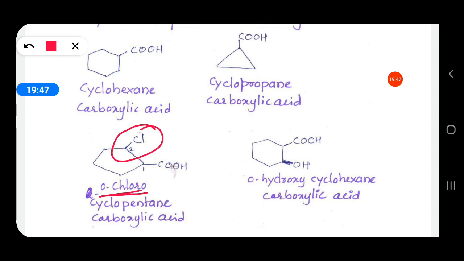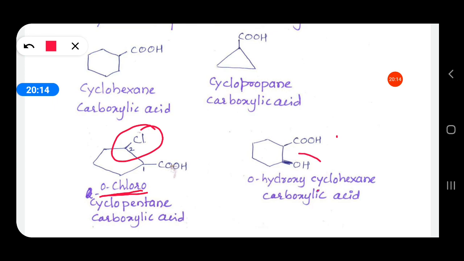So it is orthochlorocyclopentane because all the 5 carbons are joined together to form a ring. So it is cyclopentane carboxylic acid. Here another example, 6 carbons. So it is cyclohexane. It contains carboxylic acid, cyclohexane carboxylic acid.